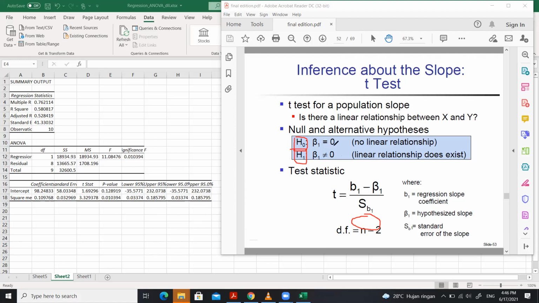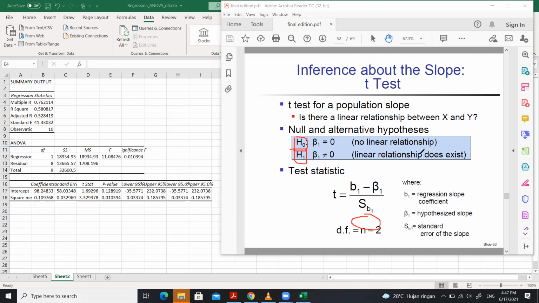Beta 1 being 0 means that there is no linear relationship. Otherwise, when beta 1 is not 0, a linear relationship does exist.